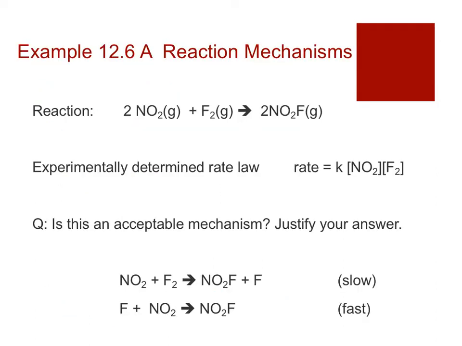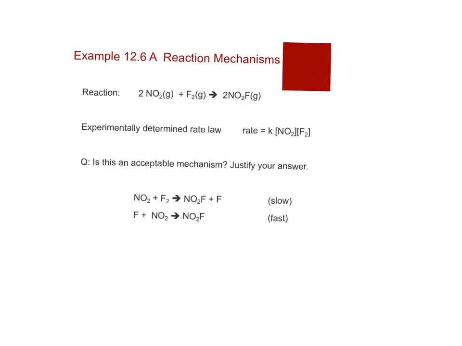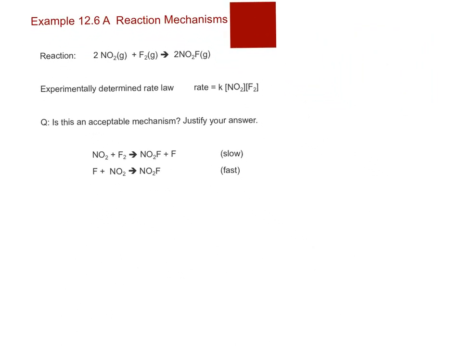And then when we try to find these mechanisms, we have to justify them by experimentally determined rate laws. And we're allowed to do this for mechanisms only. There are two criteria that must be met. If we have this balanced equation here, 2 NO2 plus F2 makes 2 NO2F, and we propose a mechanism, in order to say if this mechanism is likely or not, two things need to occur.